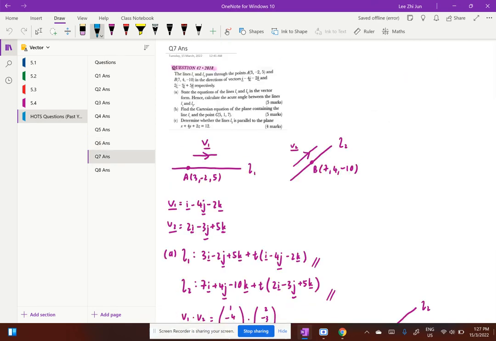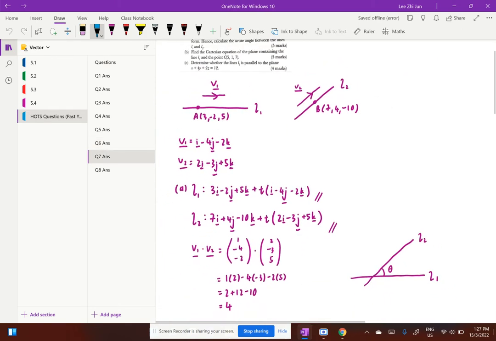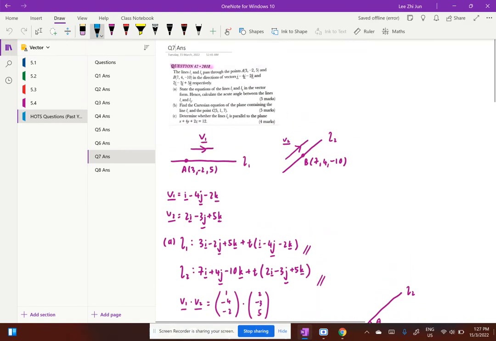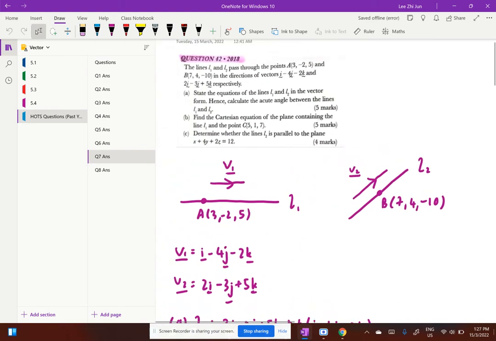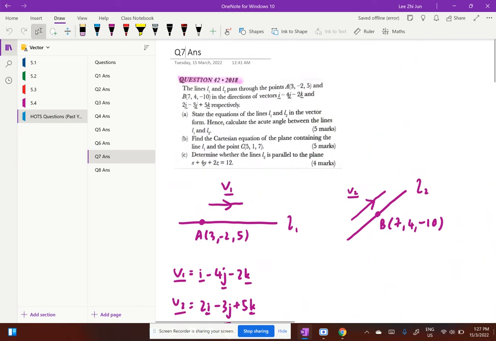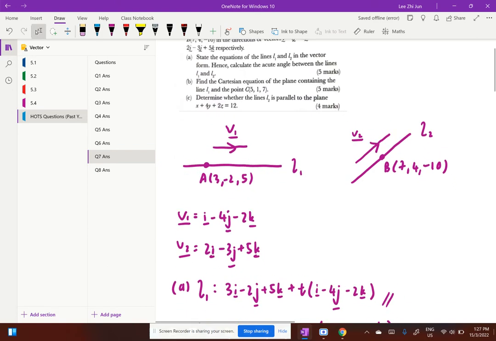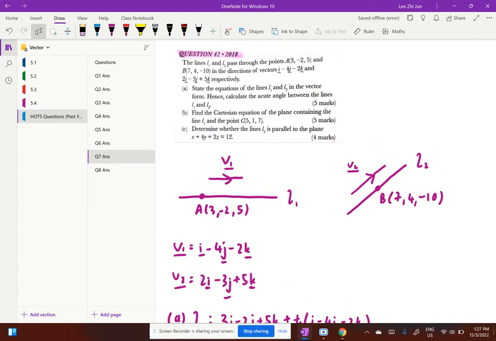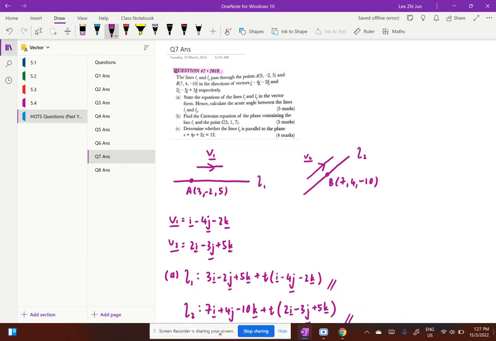The question is tricky, just do it first. So I need to get the v1 and v2. v1 equals this, v2 equals this.